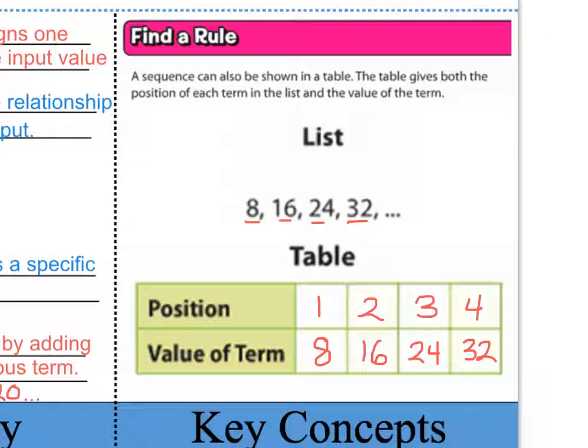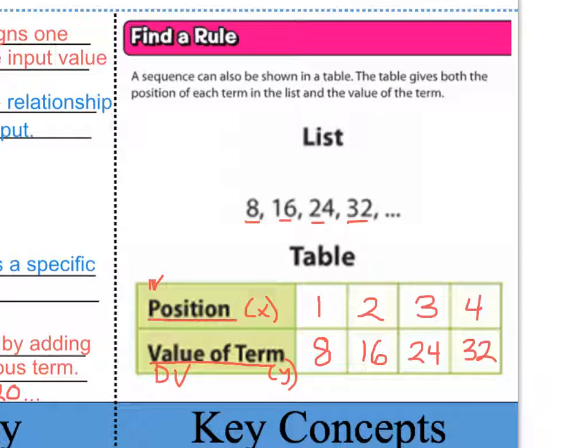The position would be my x position, and the value of the term would be the y. The position would be my independent variable, and the value of term would be my dependent variable. So this is my independent variable, and this is my dependent variable.